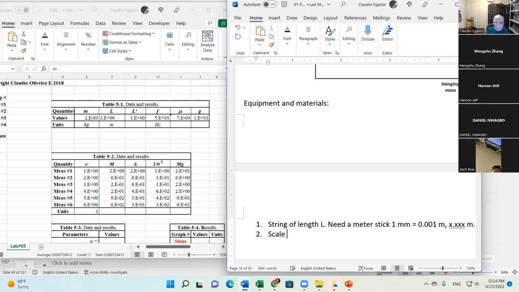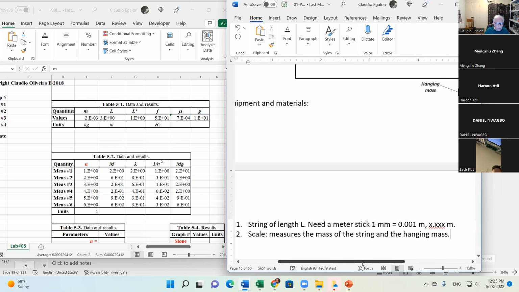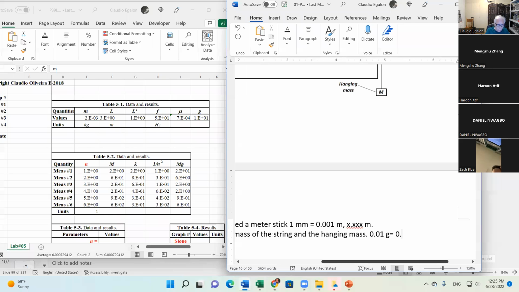Scale. Okay. Measures the mass of the string and the hanging mass. The scale that we usually use has a resolution of 0.01 grams, which is 0.00001 kilograms, right? 1, 2, 3, 4. Good.